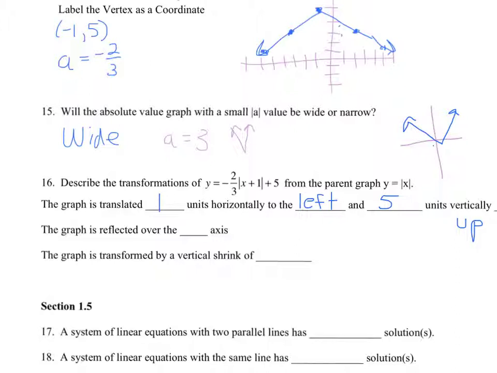Because our parent graph is facing up and our new graph is facing down, our graph was reflected over the x-axis. And finally, our new graph is more wide than our parent graph. So what happened was we had a vertical shrink of 2/3.